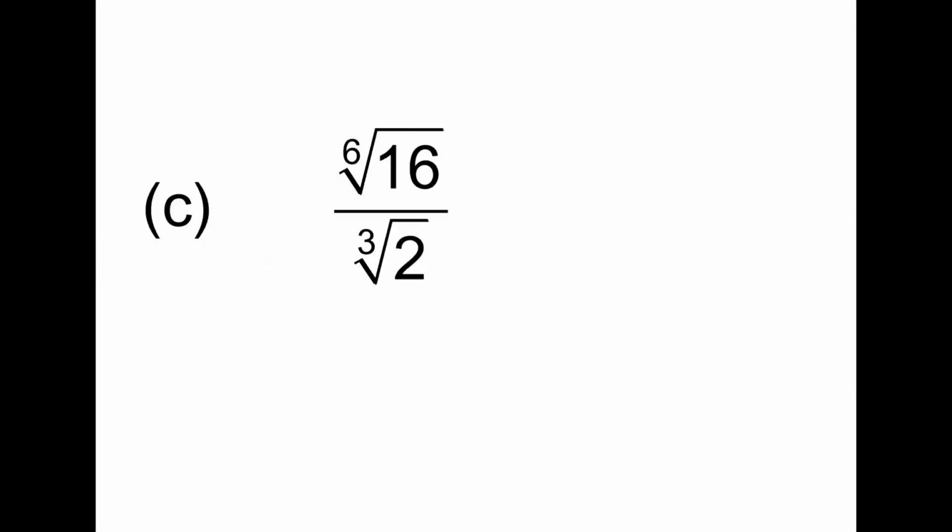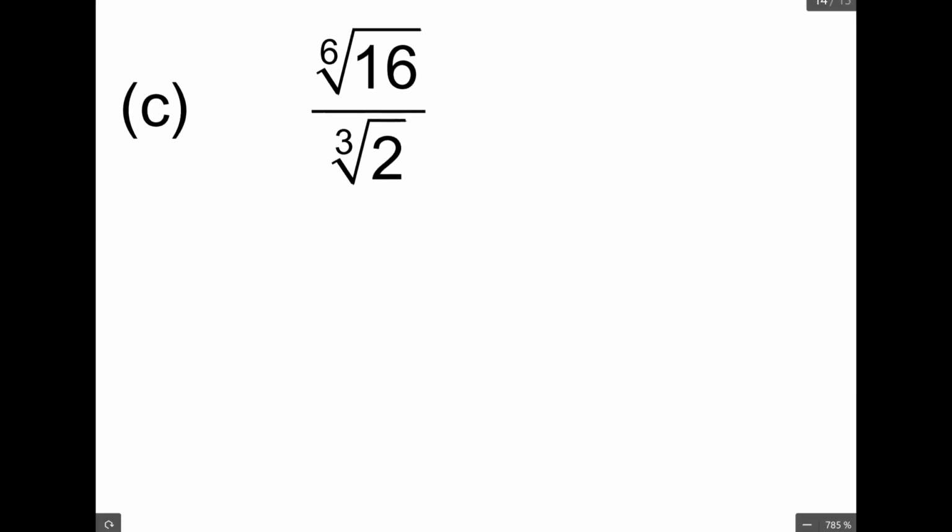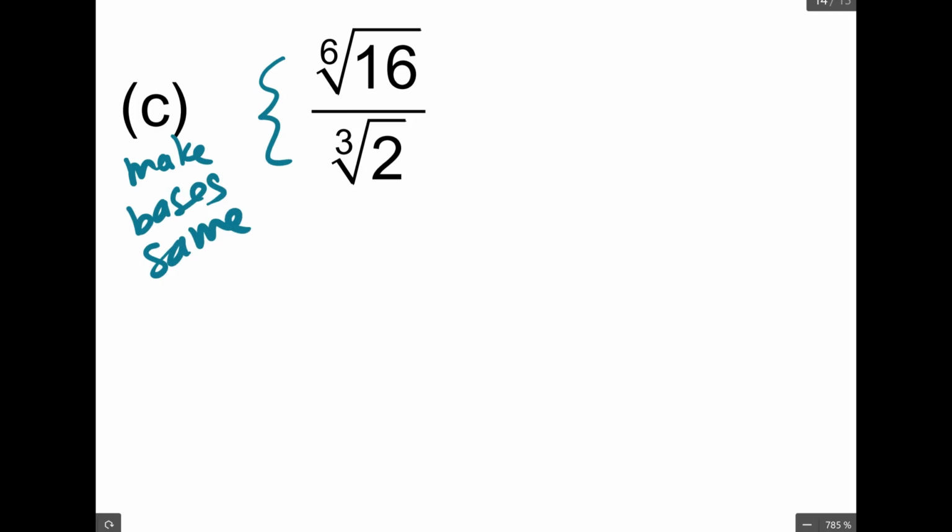All right, so let's check out example C. This is a little rough, but the first thing I want to do is make the bases the same. So can I simplify this at all? I can simplify the top one as the 6th root of 2 to the 4th because I have a 2 on the bottom.